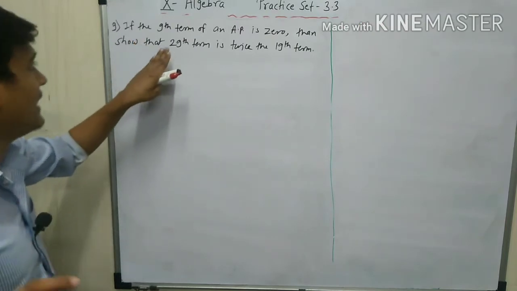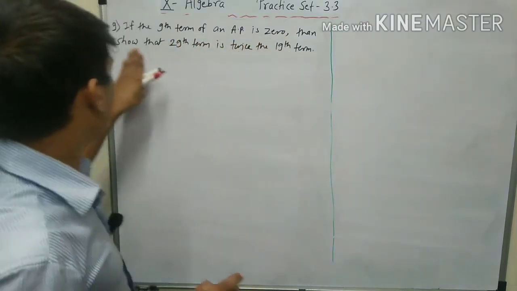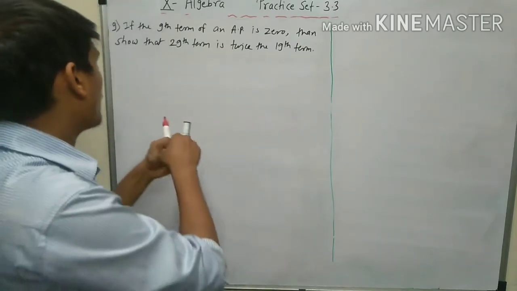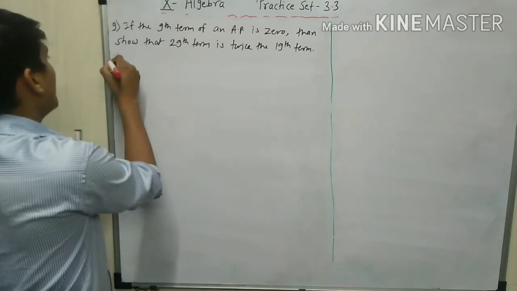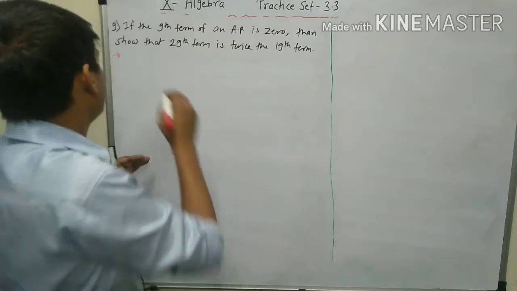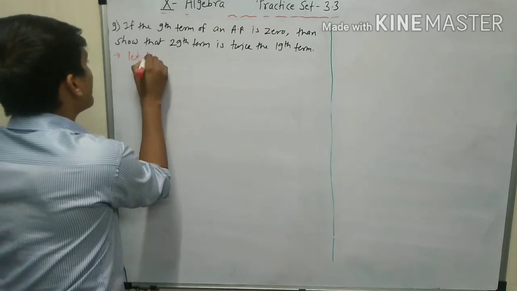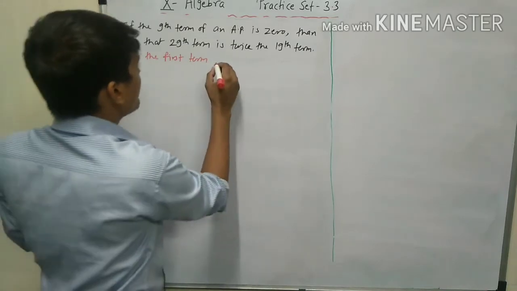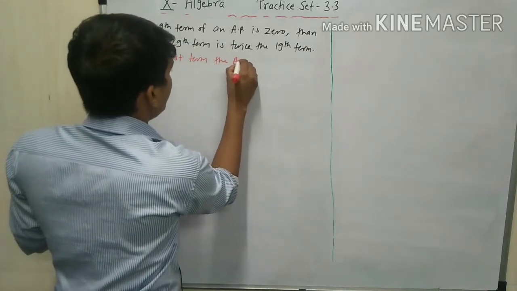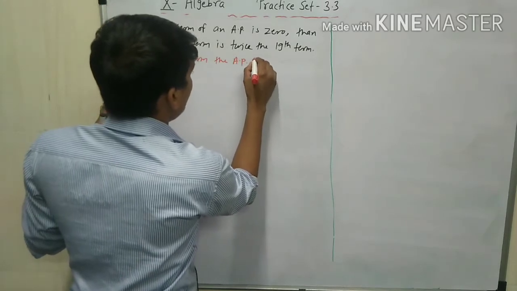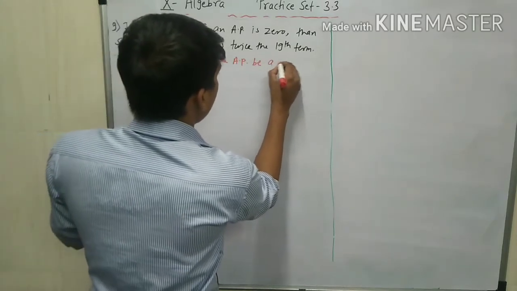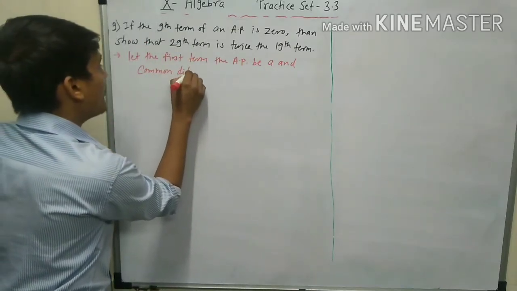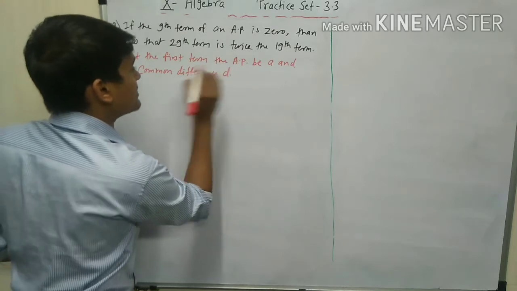Question 9. If the 9th term of an AP is 0, then show that the 29th term is twice the 19th term. Understood? First we can write, let the first term of the AP be a and common difference d.